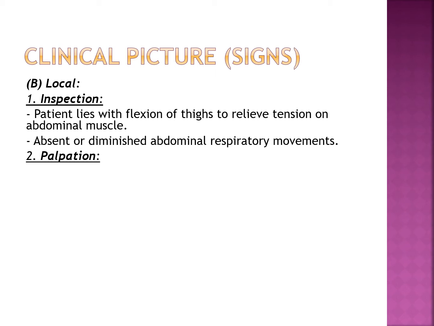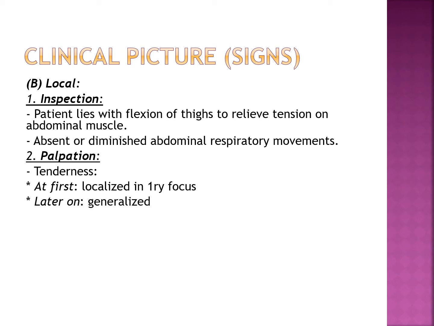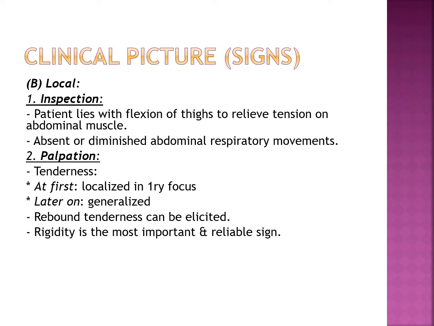By palpation, the most important finding is tenderness, which is at first at the primary focus and then becomes generalized when acute peritonitis spreads into the whole peritoneal cavity. Rebound tenderness can also be elicited, especially in cases of acute appendicitis.